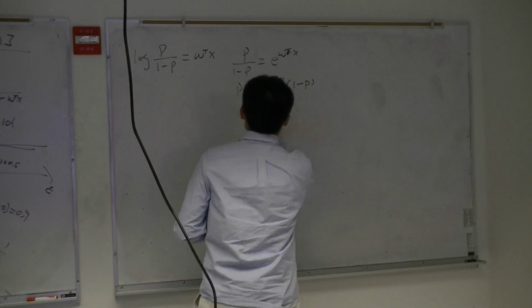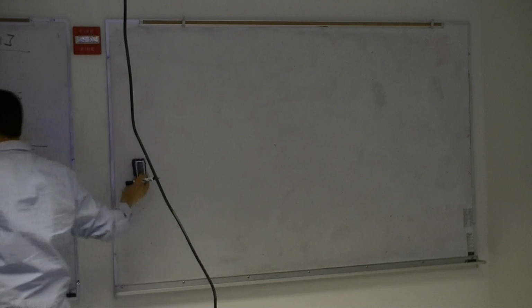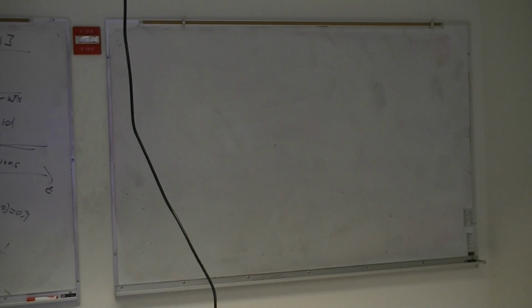Another way to explain why we choose this function is from the exponential family. We can see T here is a binary value, right? So it satisfies the Bernoulli distribution.